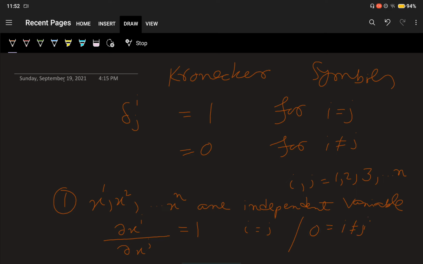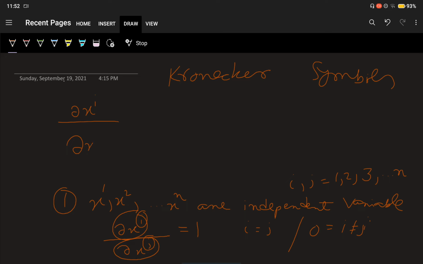So here x has i as a superscript and j as a superscript. That can be written as del x^i divided by del x^j equal to delta ij. When i equal to j, that is 1. When i not equal to j, that is 0.